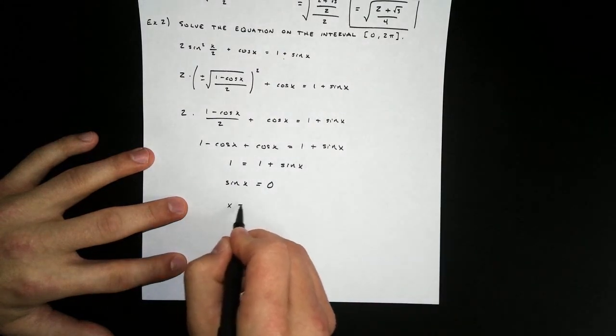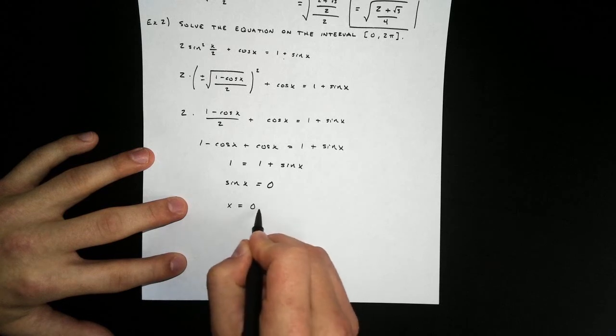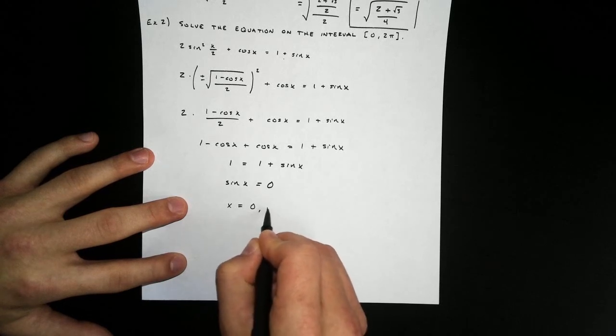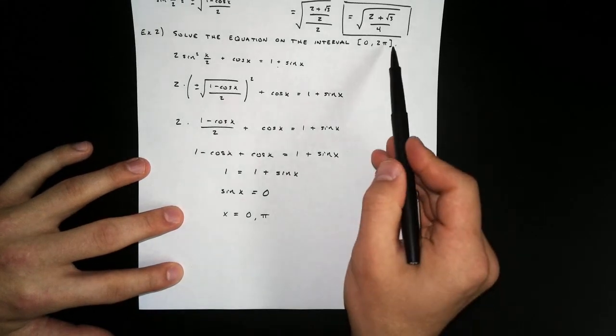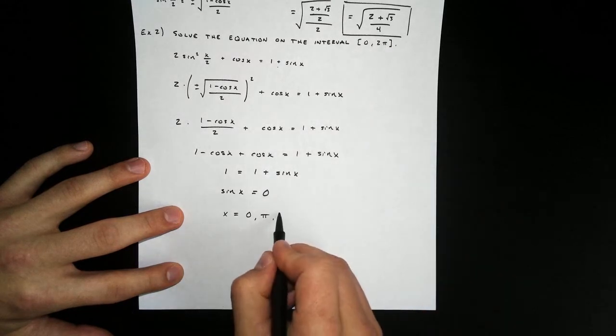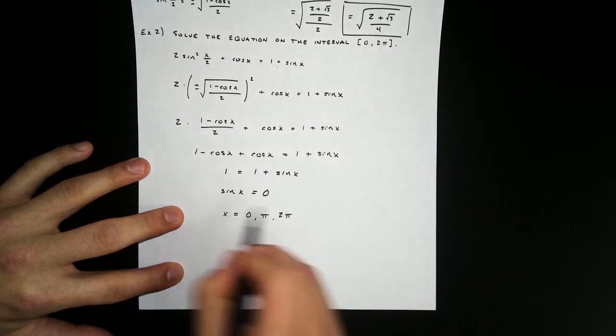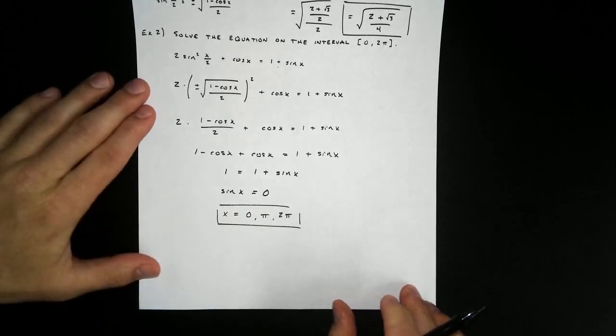So x is equal to, so sine is 0 at 0, at pi, and I did put a bracket here on 2 pi, so that one I'll also include. There we go. So two examples using the half angle identity to help us find a value and to help us solve an equation.